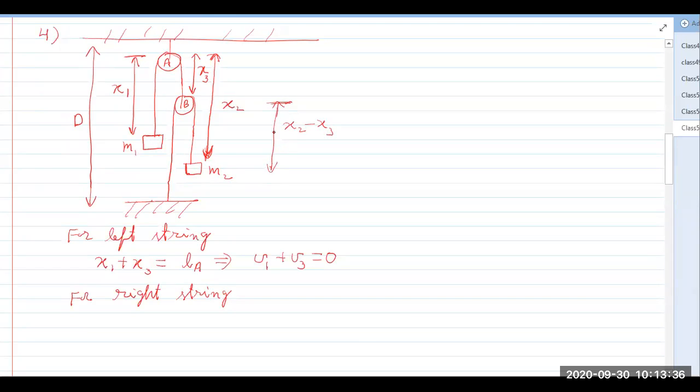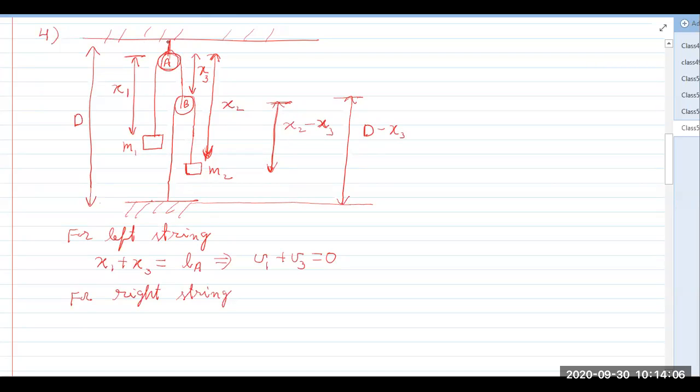Okay. So this length is x2 minus x3, from pulley B to M2. Now from pulley B to the ground, this one up to here, up to the ground, how much will this length be? Capital D minus x3. Can we write capital D minus x3? You can see A to B, this upper length we are considering negligible.